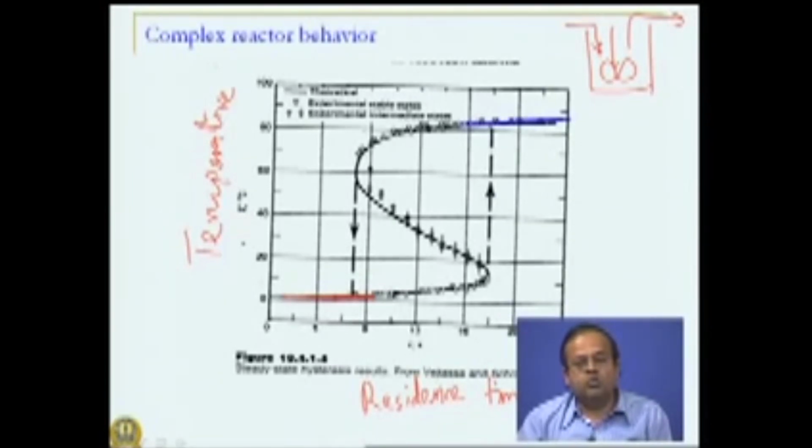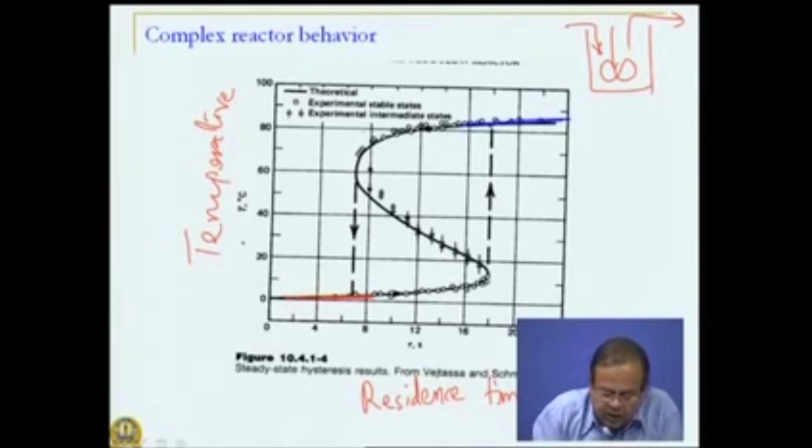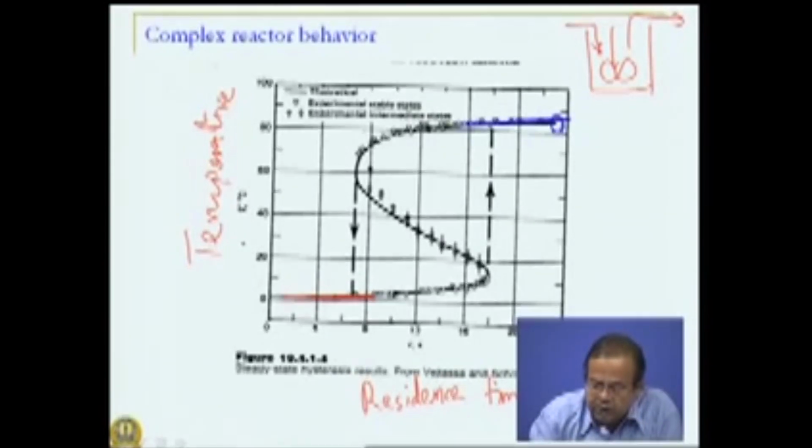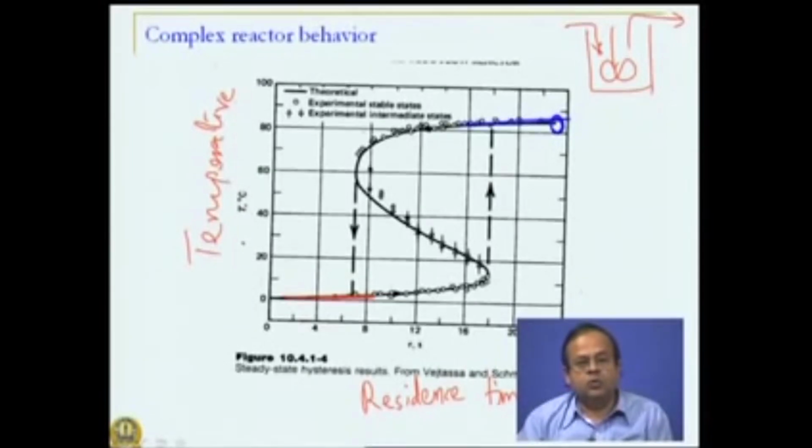But look at how this behavior changes as we change the residence time. So, let us say that we started our experiments with very high residence time and we progressively decrease the residence time. Residence time, as you will recall, is a ratio of volume of the reactor to volumetric flow rate.